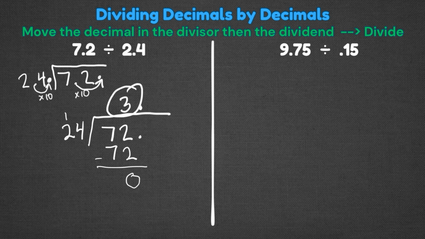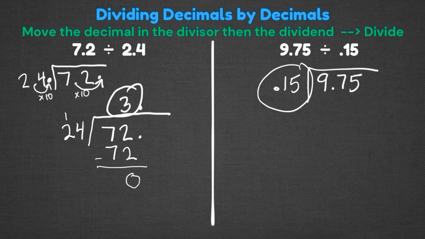Let's follow the same procedure on the other problem. 9.75 divided by 0.15. So let's put the 9.75 underneath, because that's what's being divided into. And again, this should bother you. It should bother you that you see the decimal on this left-hand side right here, because we don't want to have to figure out how many 0.15s are in anything.